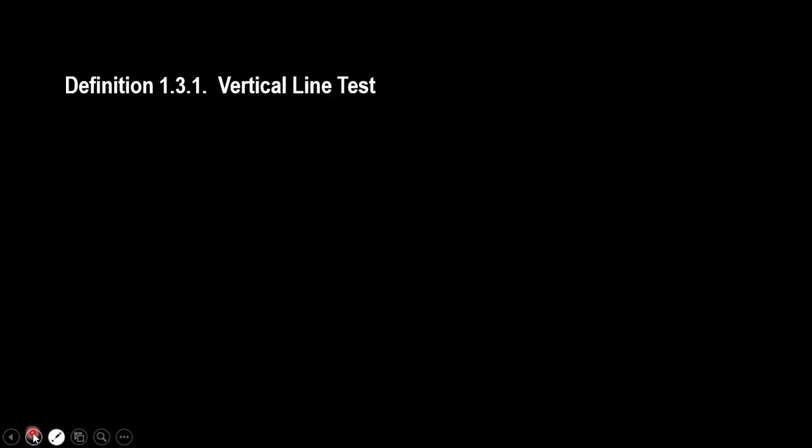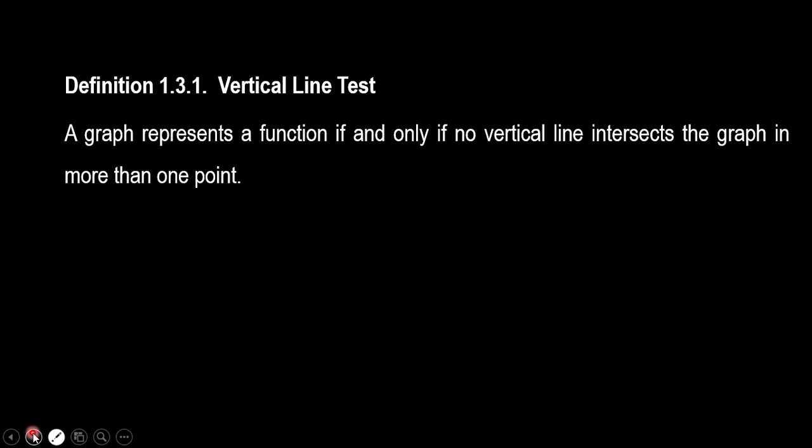Now in graphing the function, we can identify if it is a function or not by using the vertical line test. In the vertical line test, a graph represents a function if and only if no vertical line intersects the graph in more than one point.